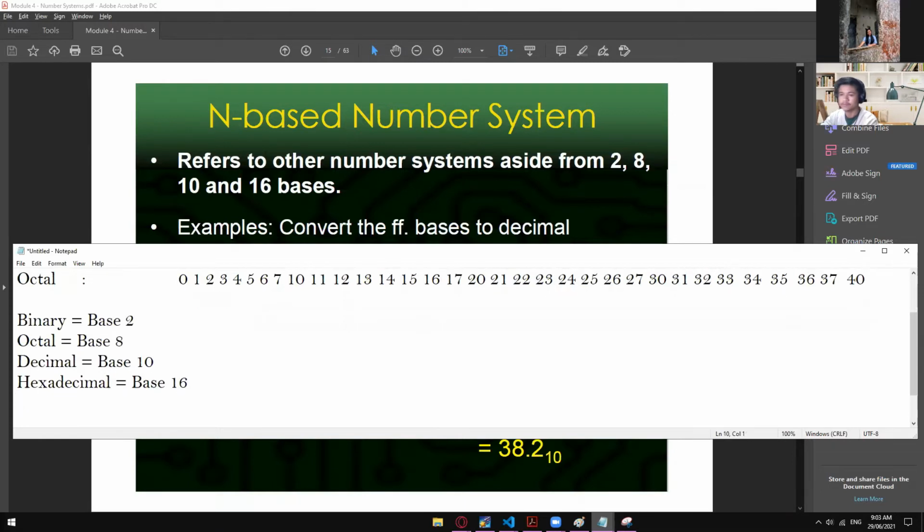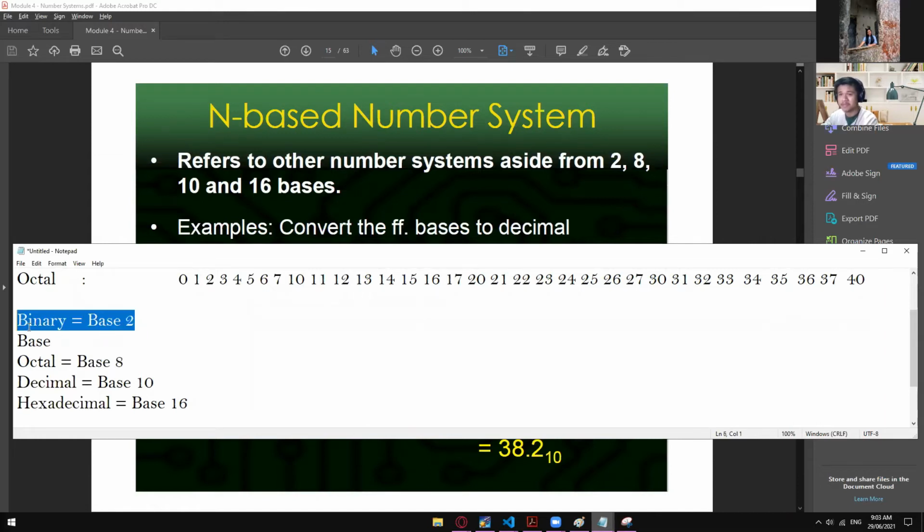But what if you have a base 3? We don't actually have a base 1. Well, you can have a base 1, however we don't use that anymore, so the minimum is base 2, which is either 0 and 1. So what if we have three characters?